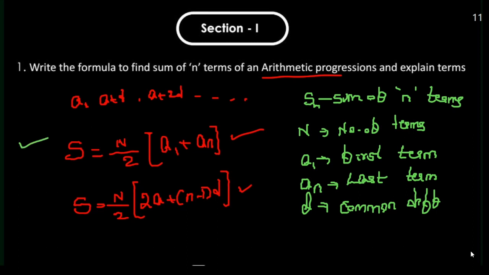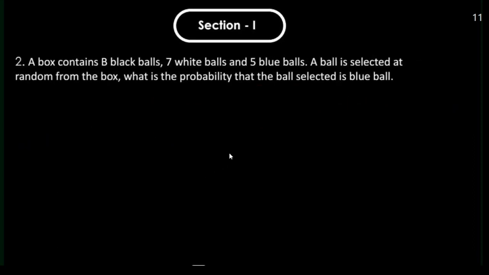Got it? Now the second question is: a box contains 8 black balls, 7 white balls and 5 blue balls. A ball is selected at random from the box. What is the probability that the ball selected is blue? So here they have a box, and in this they have 8 black balls.